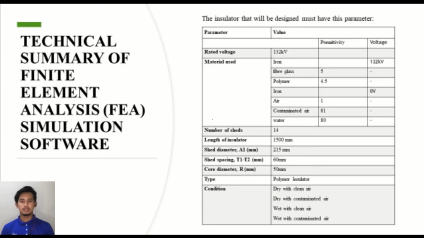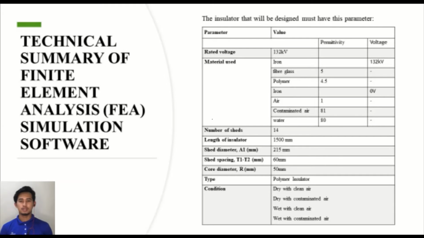The preferred design idea was selected and presented in the preliminary work report. The concept design chosen is summarized below. The following parameters must be used to construct this insulator: iron, fiberglass, polymer, air, polluted air, and also water are the materials involved in this design.